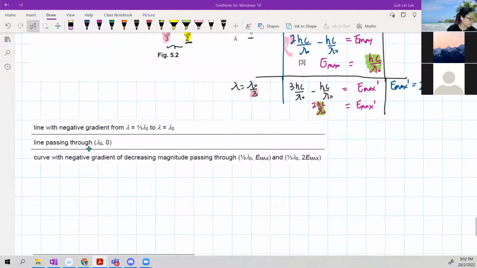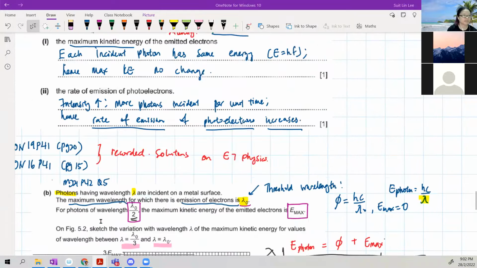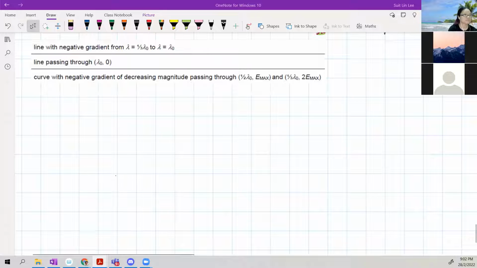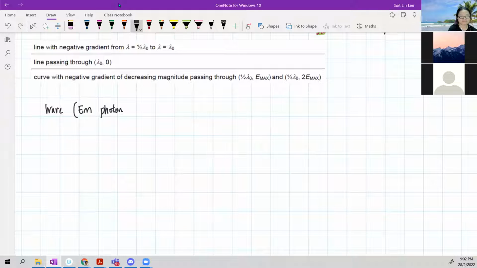So photoelectric effect in a nutshell is just us showing wave, which is your EM photon, electromagnetic photon, behave like particle.